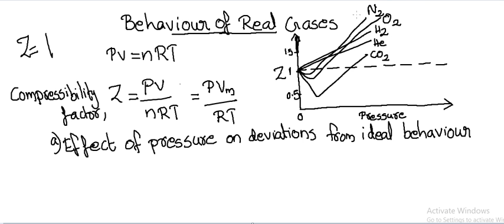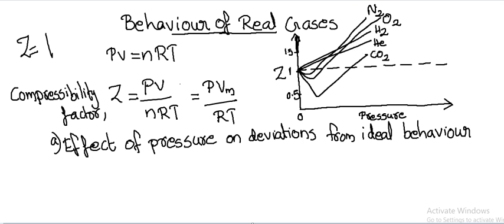In this figure, we can see that we consider the gases like nitrogen, oxygen, hydrogen, helium, and carbon dioxide at constant temperature.